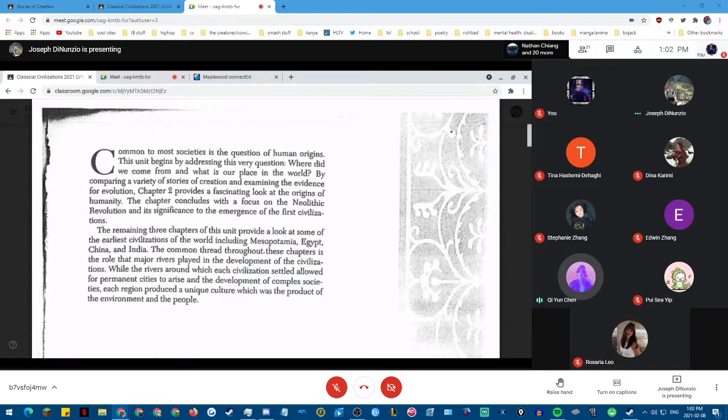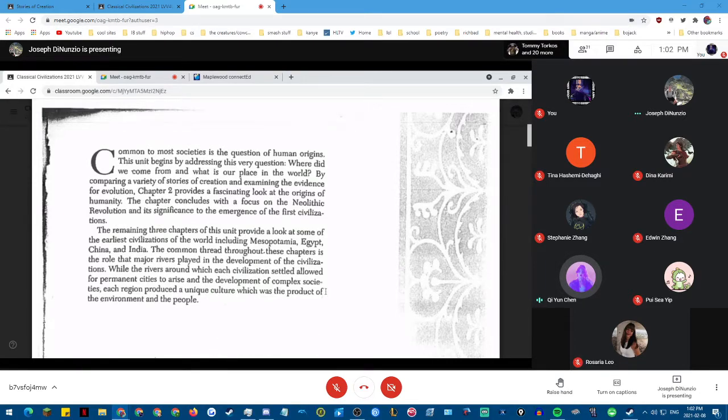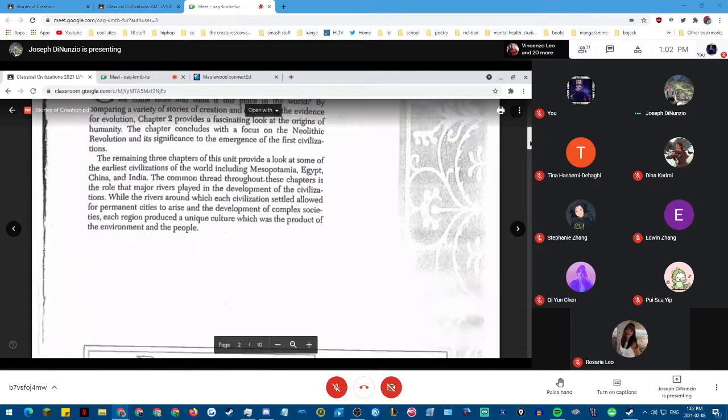The chapter concludes with a focus on the Neolithic Revolution and its significance to the emergence of the first civilizations. The remaining 3 chapters of this unit provide a look at some of the earliest civilizations in the world, including Mesopotamia, Egypt, China, and India. The common thread throughout these chapters is the role that major rivers played in the development of the civilizations. While the rivers around which each civilization settled allowed for permanent cities to arise and the development of complex societies, each region provided a unique culture which was the product of the environment and the people.